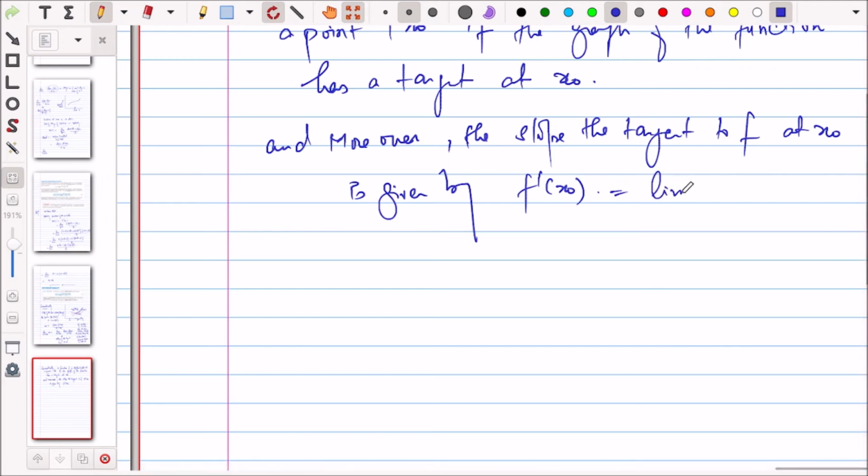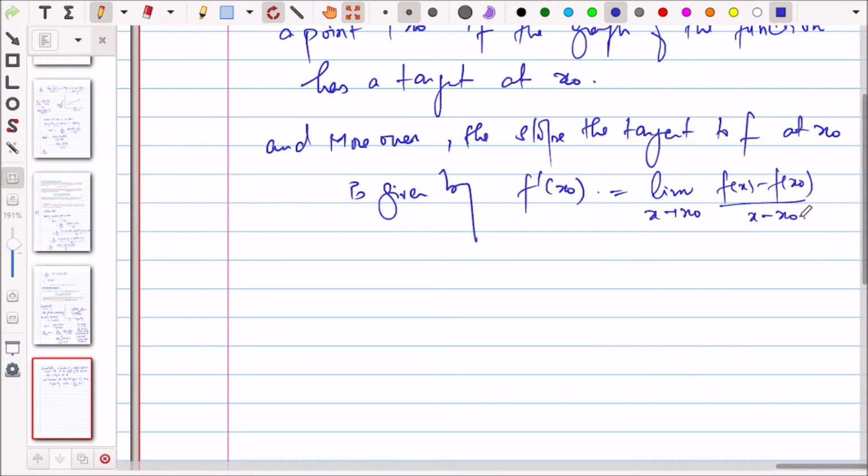This is equal to limit x tends to x naught of f of x minus f of x naught upon x minus x naught. Is it fine everyone?